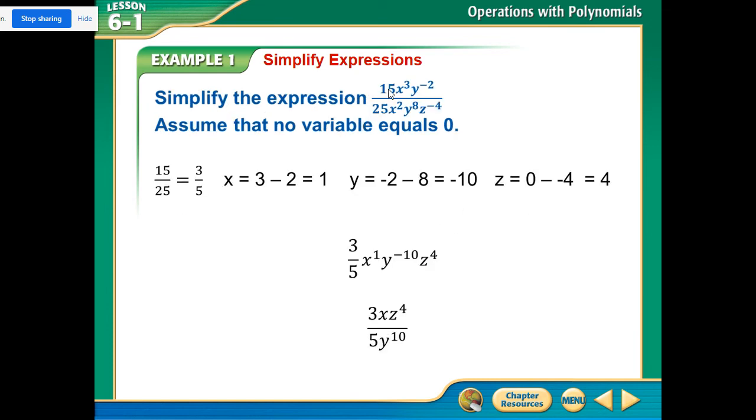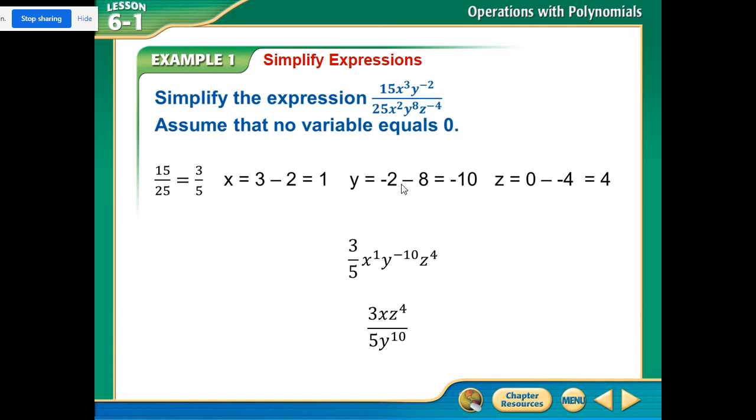What about this one? 15 over 25, x to the 3rd, y to the 2nd, over 25, x squared, y to the 8th, and z to the negative 4th. So we have a fraction here, so we're going to reduce it. 15 over 25 becomes 3 over 5. The x's we have, and because this is a fraction, a quotient, we're going to divide it. So 3 minus 2, which is 1.